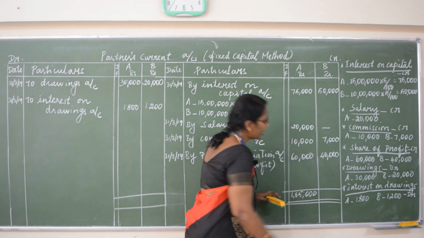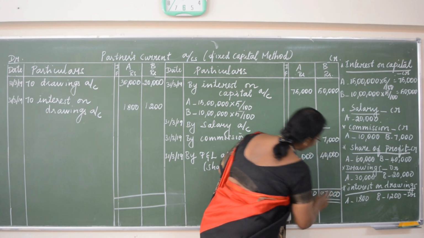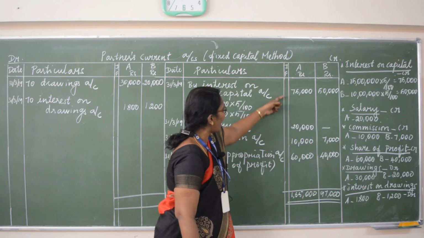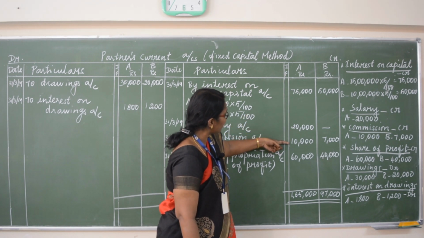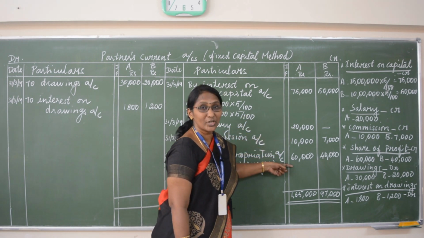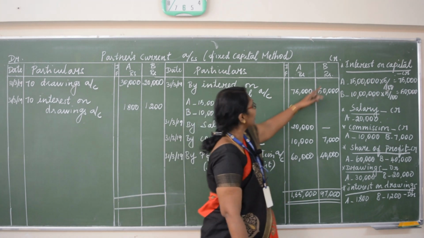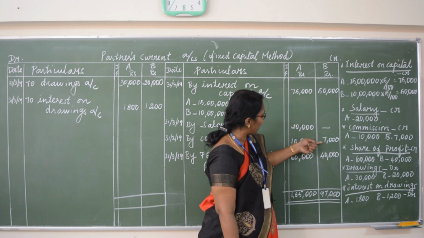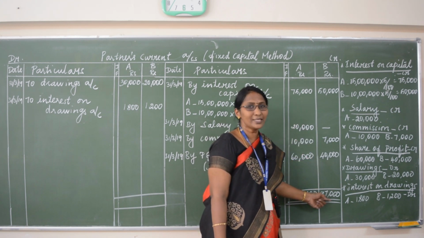How much for B? 97,000. How did we get this total? I added 75,000 plus 20,000 plus 10,000 plus 60,000, so we got 1,65,000. In credit side, 50,000 plus 7,000 plus 40,000, we got 97,000 as total.